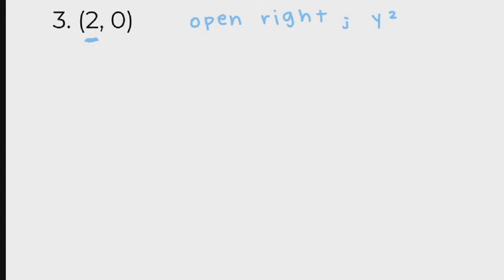So this number 2 is our p-value. So we know p equals 2. And we can plug this into the equation. Y squared equals 4p times x. So we can plug in 2 in for p. So we'll get y squared equals 4 times 2x. So that means y squared equals 8x. And this would be our equation.